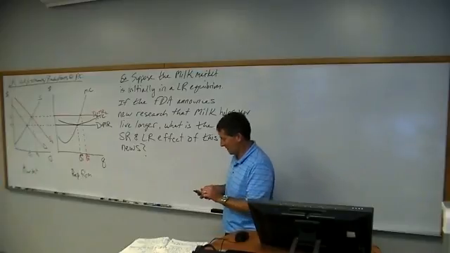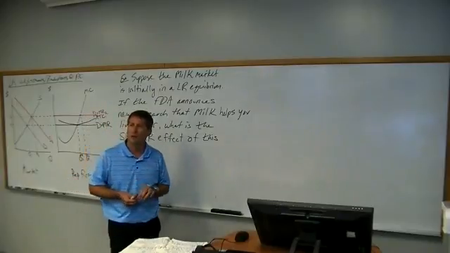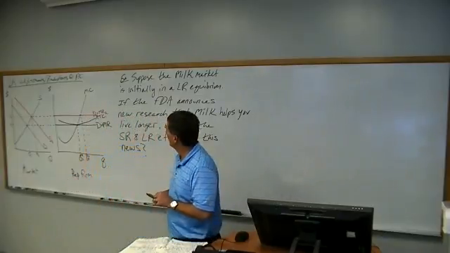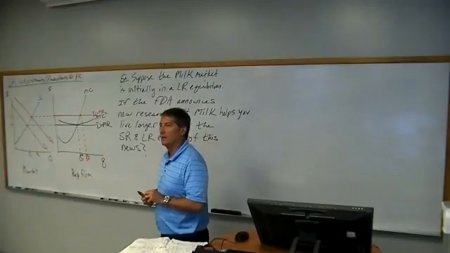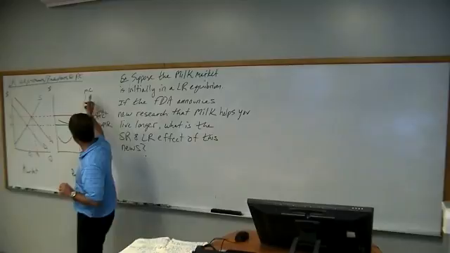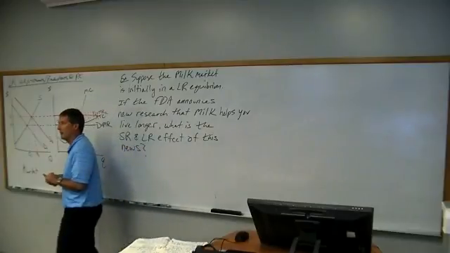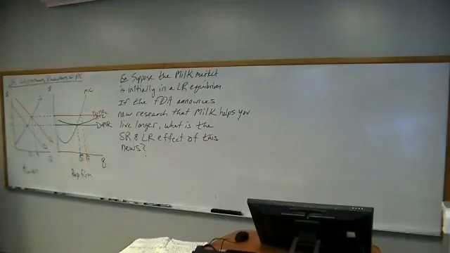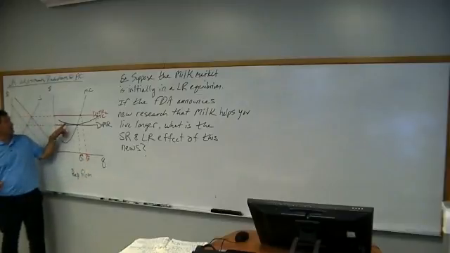All right, what else can you tell me about our little picture? What's going on with this result? Let's focus in on this side, on the representative firm. What else can you tell me about what's going on for the representative milk dairy farmer over here? Average total cost, what? Increases.